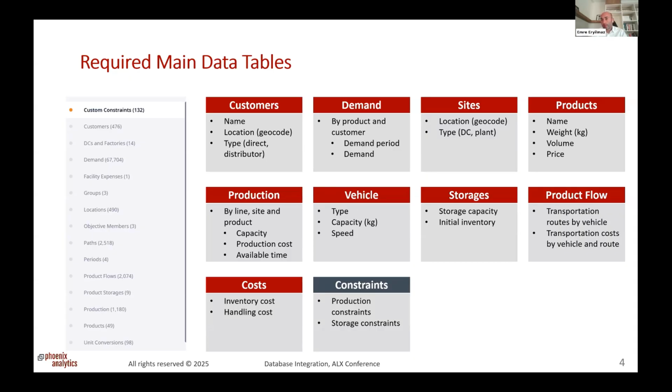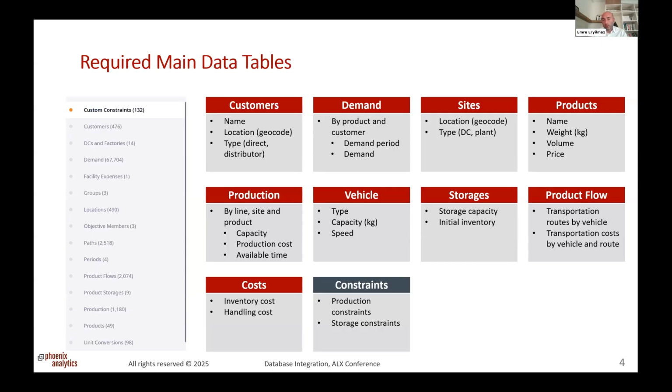Then we have sites. Similar to the customers, we need the location of the sites and the type, DC or plant. We need products: the product name, ID, the weight, volume, and the price.